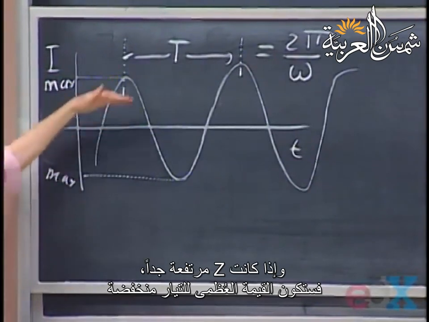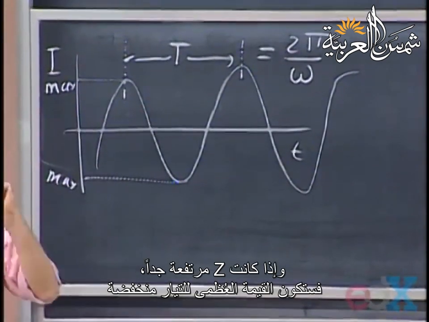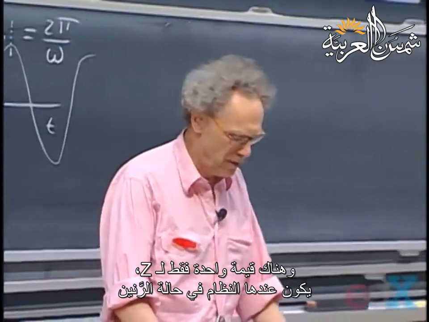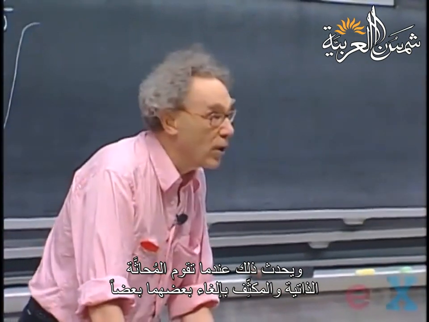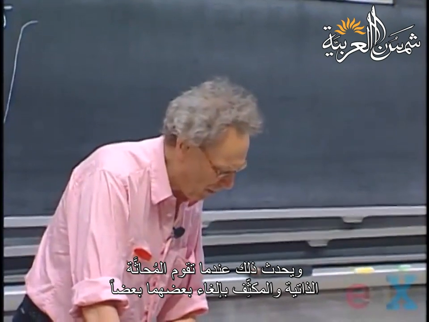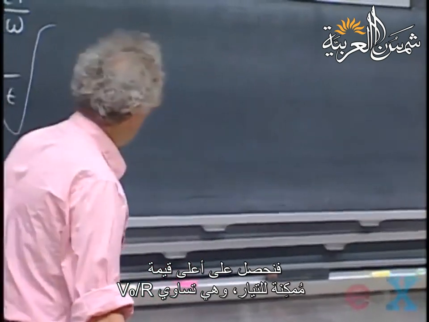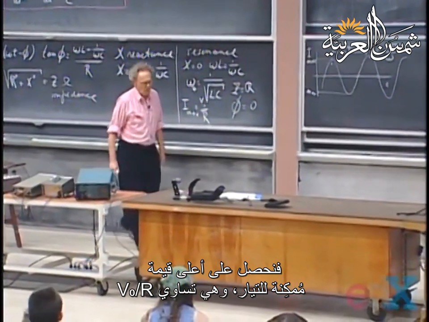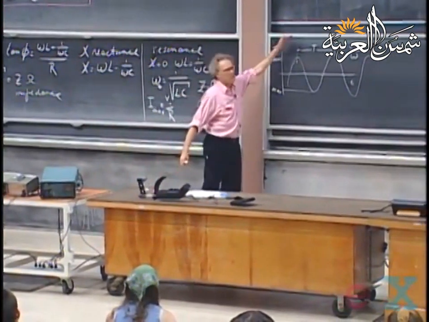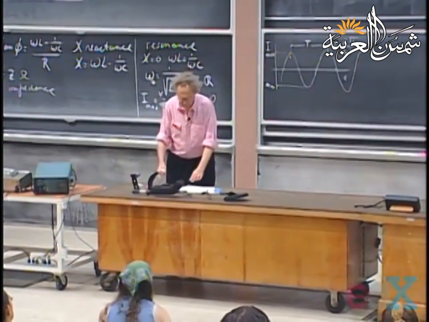If Z is very high, this will be low, and there is only one value of Z for which the system is at resonance, and that is when the self-inductance and the capacitor eat each other up, and then you get the maximum possible value for the current, which is V0 over R. And that's the highest value that you could ever get.